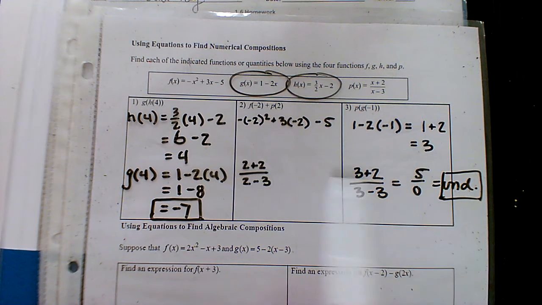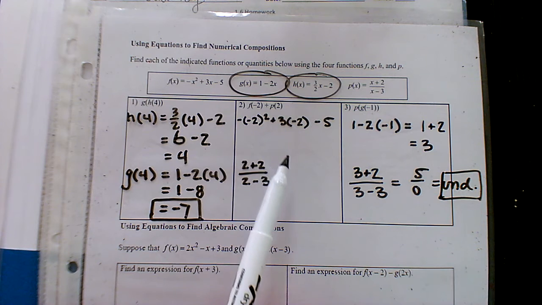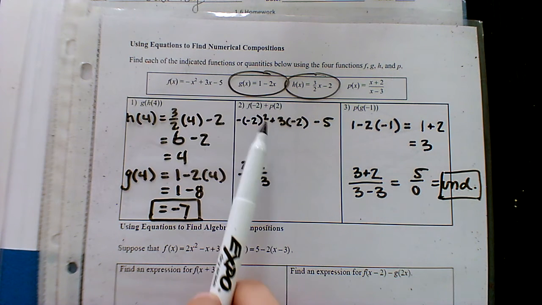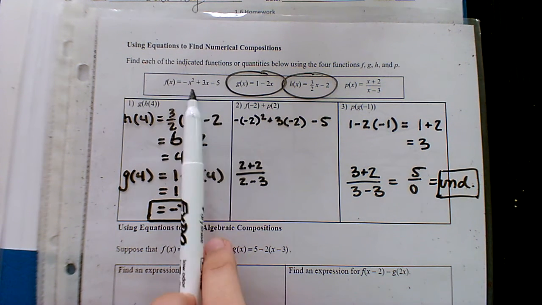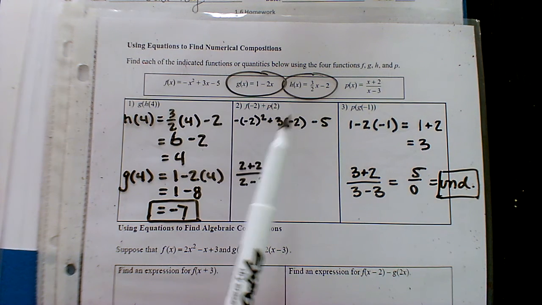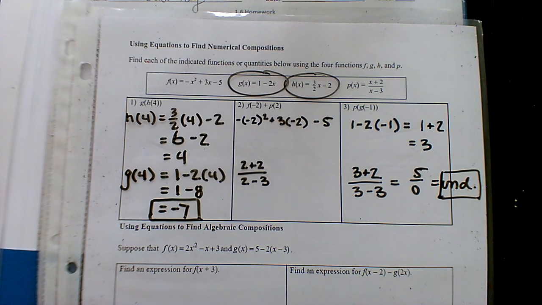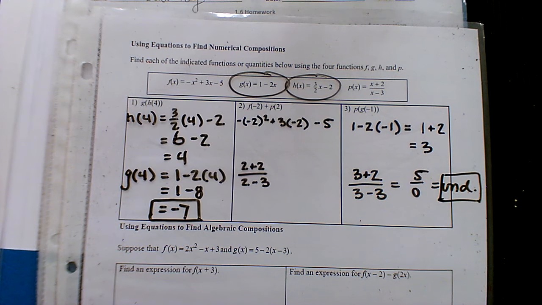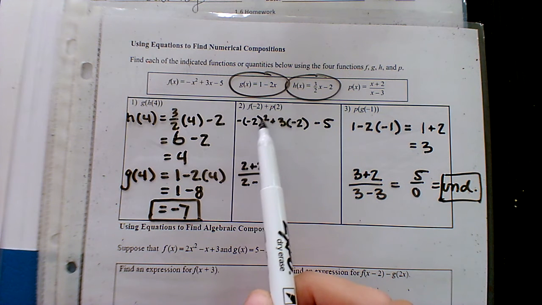Okay. Walking around, though, we do have to talk about 2. Okay, because if you plug in -2 into the f equation, there are a lot of parentheses and a lot of negatives, which is where some of us can get kind of tripped up when we do our order of operations. If you think about the order of operations, parentheses and exponents come first. So we have both of them actually happening in our first term.